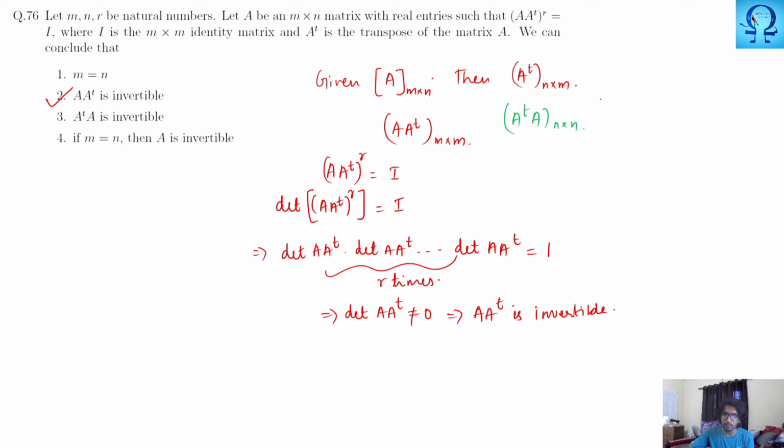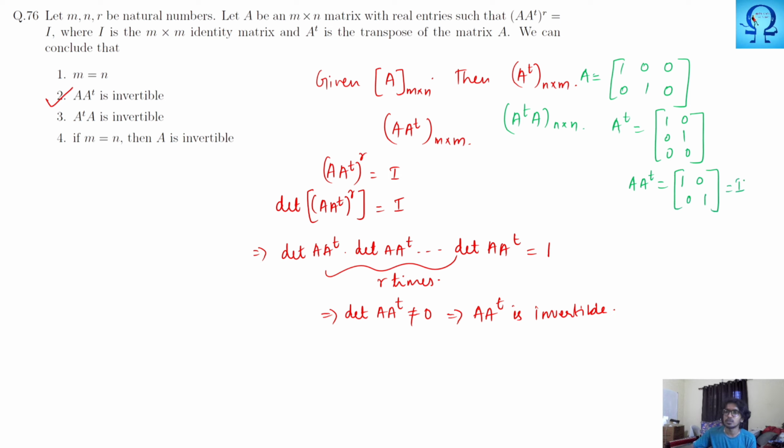In order to claim this will not be invertible, I am considering a matrix 1 0 0, 0 1 0 as my A, and my A transpose is 1 0, 0 1, 0 0. When I find A A transpose, it is 1 0 0 1, which is 2 by 2 identity.